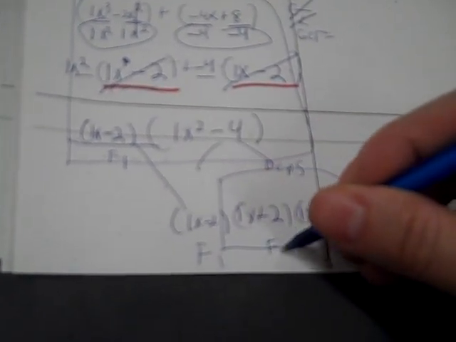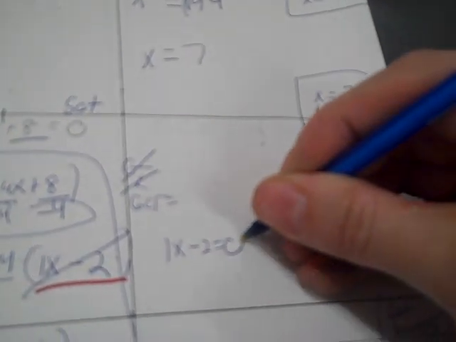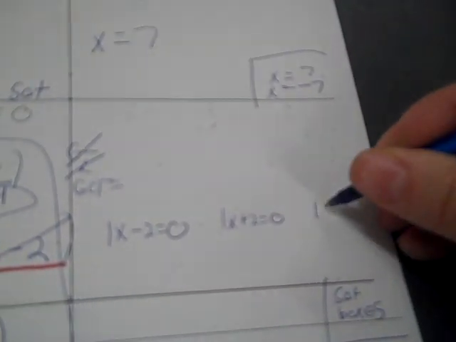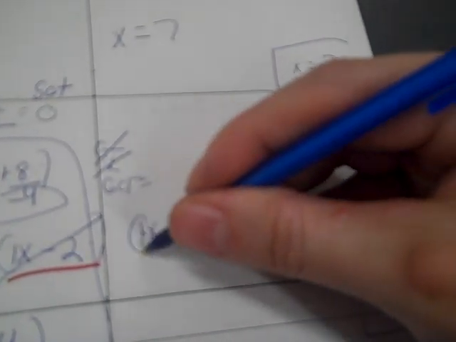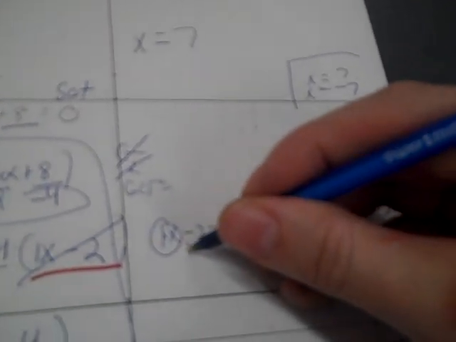F1, F2, F3. 2 of the factors are exactly the same. That's okay. So 1x minus 2 equals 0. 1x plus 2 equals 0. 1x minus 2 equals 0. And then you solve. 2 of the answers are going to be identical, and that's my fault. So I get 2.